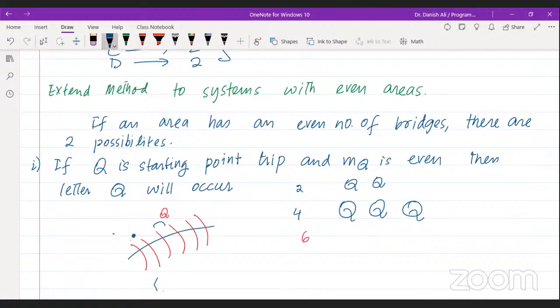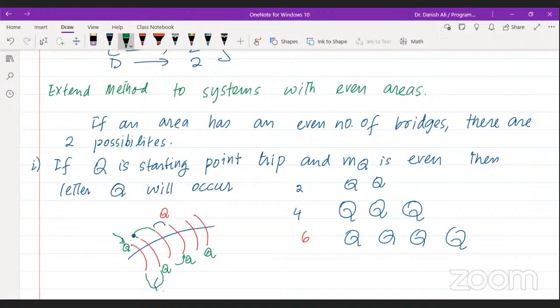Yes, you're right: Q, Q, Q, Q. Because you start from here, one Q, then go back, then the second Q, come again, third, again come out, and then four. So four times you use the letter Q.